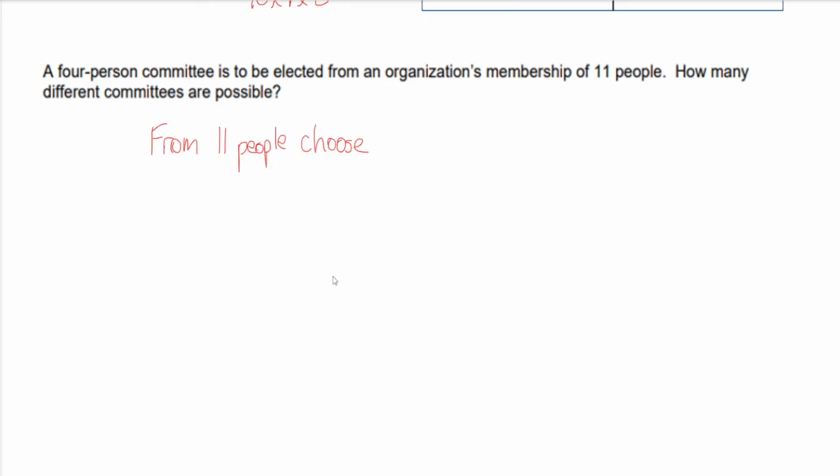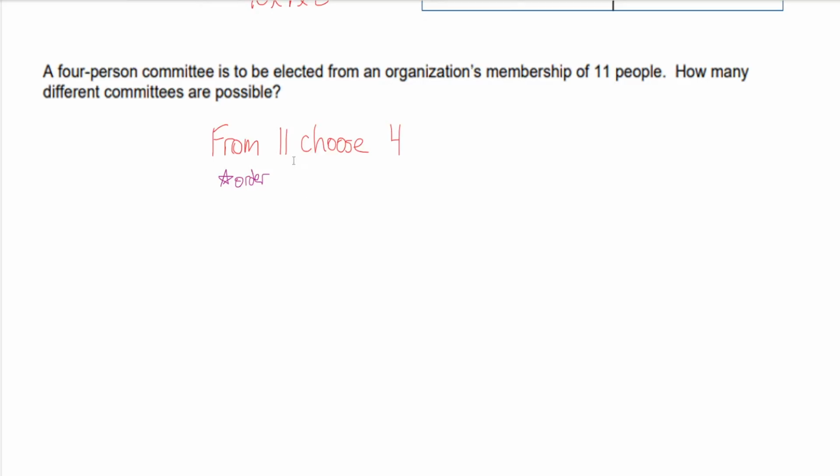So from 11 people, choose 4. Okay. So, and I'm even going to get rid of 11 people. I'm just going to say from 11, choose 4. Okay? And does order matter or not?